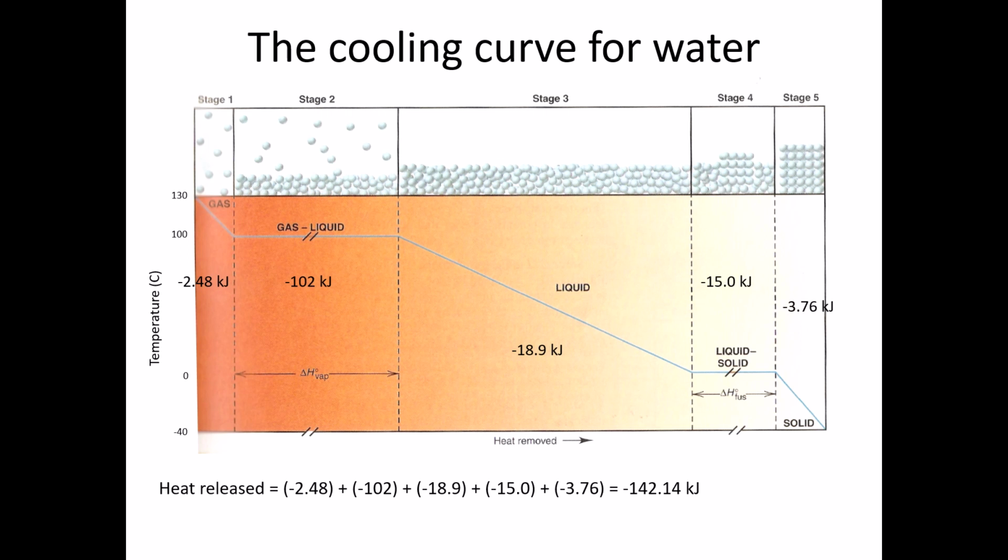If you're doing a heating curve, all your Q values would be positive, as you're increasing heat at every step. So make sure you pay attention to that. Alright, so we have 5 negative values adding up to our total Q requirement for the amount of heat released in order to turn our gas into solid.